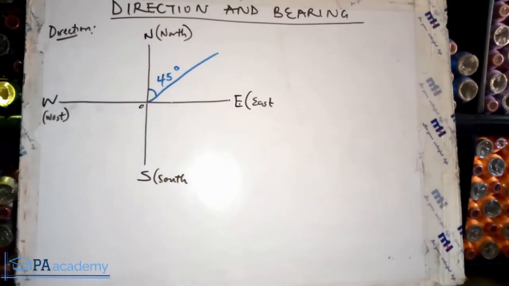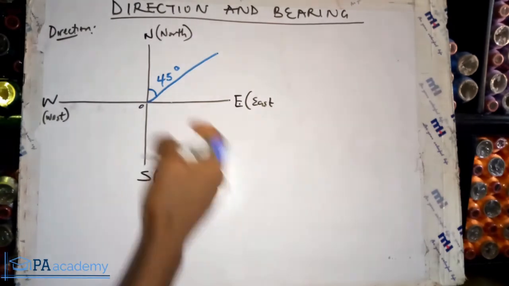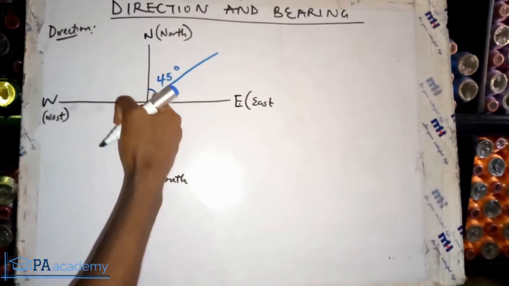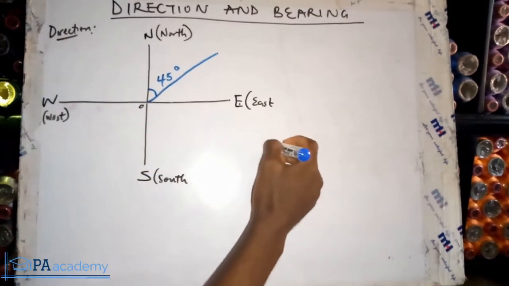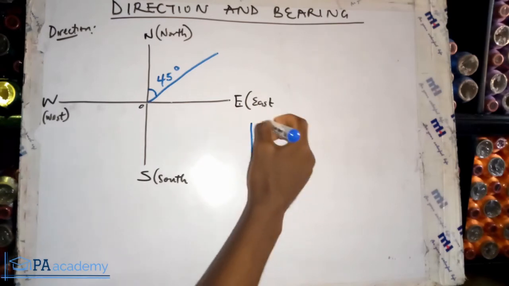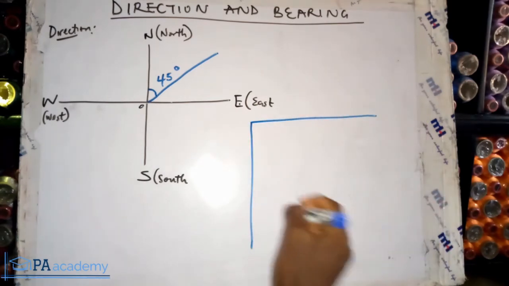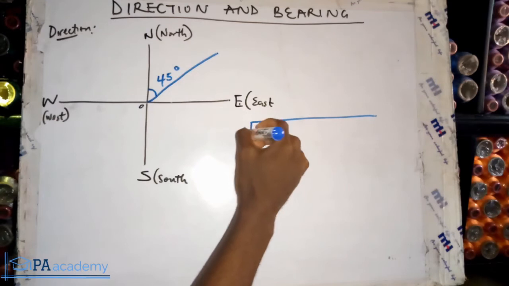Now how do we pronounce this angle when we are dealing with direction? For this particular angle, the angle is 45 degrees, and this is how it is pronounced.